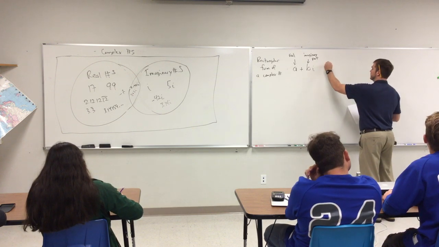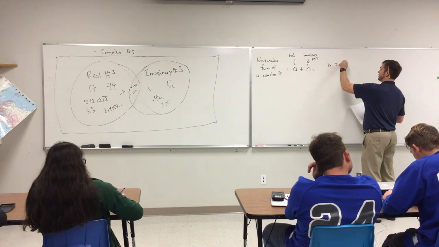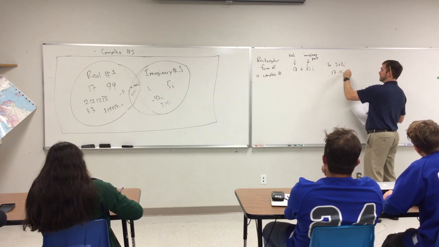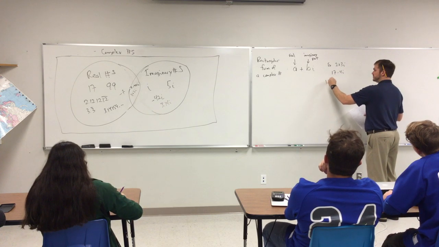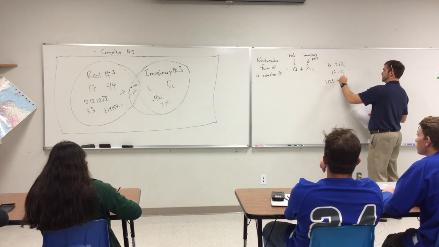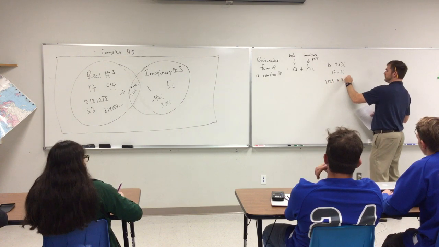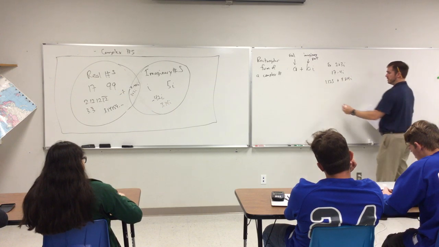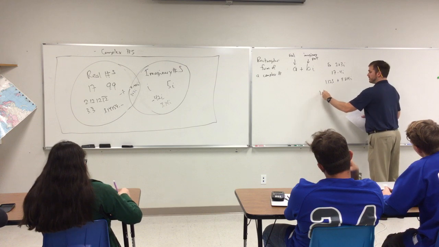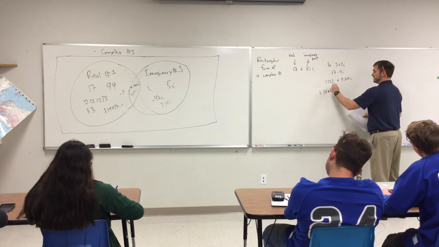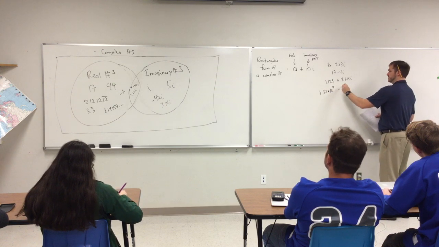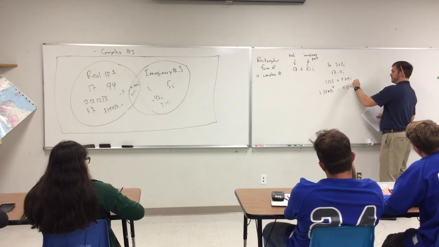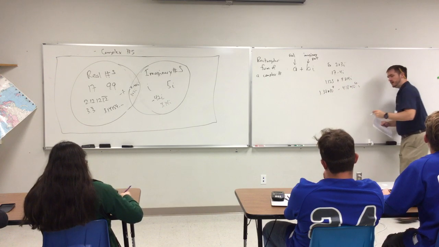Examples. 2 plus 3i. 17 minus 4i. 1.123 plus 9.214i. Or even 1.37 times 10 to the 9th minus 4.18 times 10 to the 50th i.